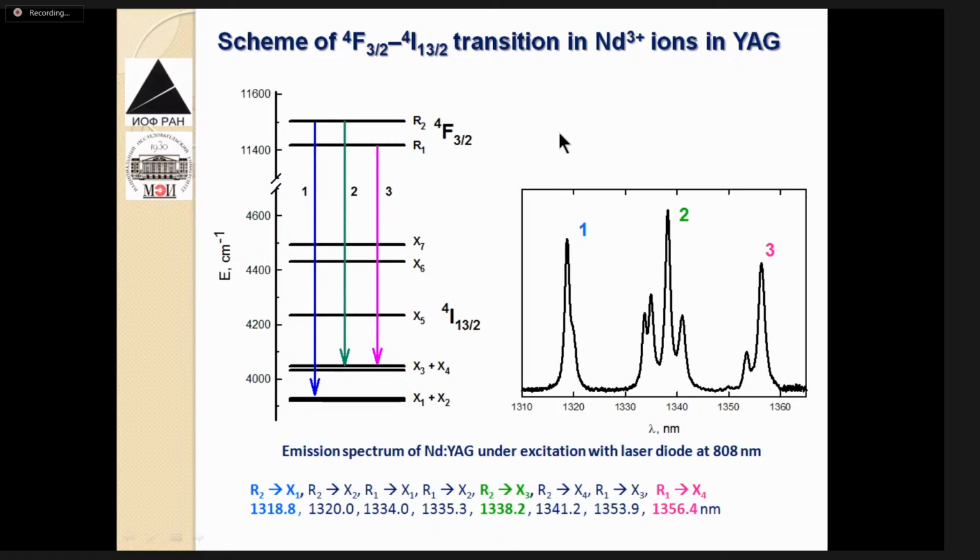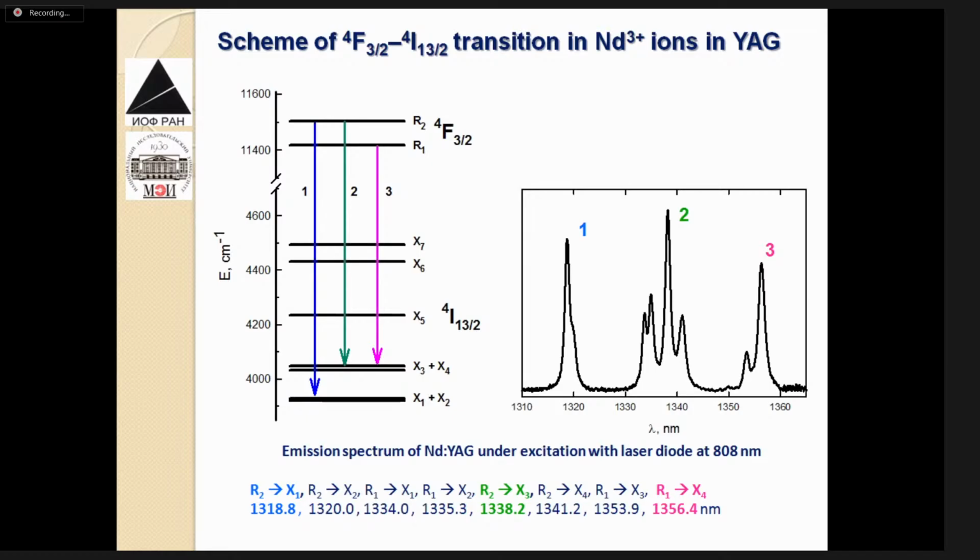That's why in most cases, when we have radiation at about 1.3 from a neodymium YAG laser, it has two spectral components. And sometimes it is even rather difficult to get only one spectral component.